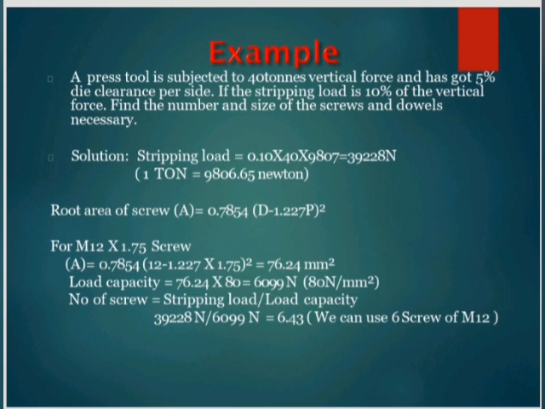Here, stripping load is equal to 0.10 into 40 into 9807, because 1 ton is equal to 9806.65 Newton.